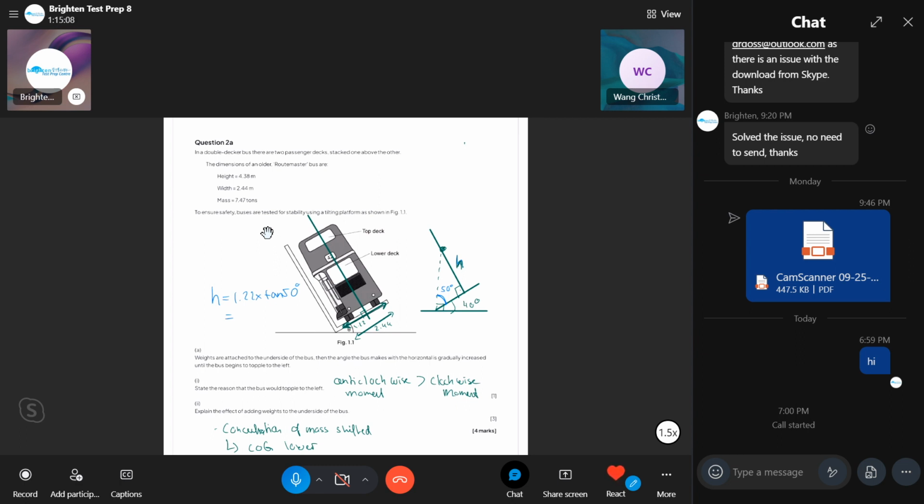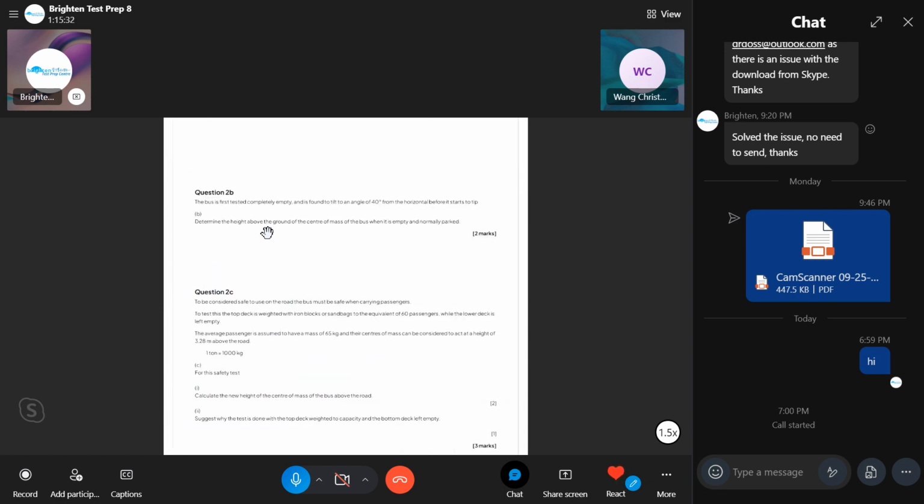Okay. They simplified it a bit here. All right, so having made that calculation, that's 1.45 meters, empty and normally parked.